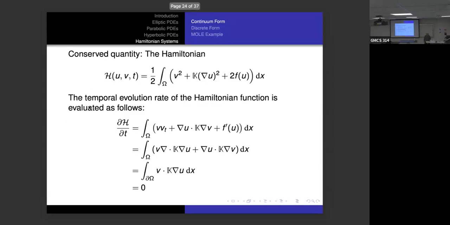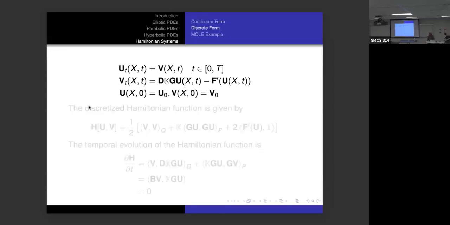And what is important here is that we have a quantity that is conserved, which is the Hamiltonian. Since this quantity is conserved, the evolution of its rate has to be zero. So you take the partial derivative with respect to time, and you end up with zero. That means it doesn't change in the process. Okay. So what we do, we take that equation, and then we write it out with mimetic operators.